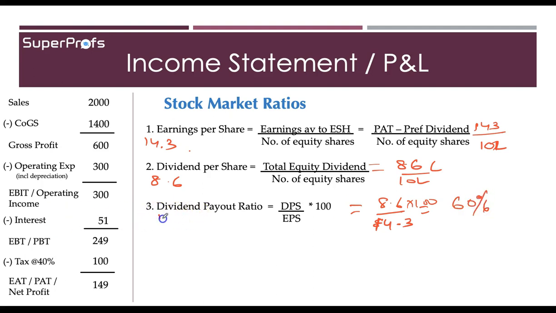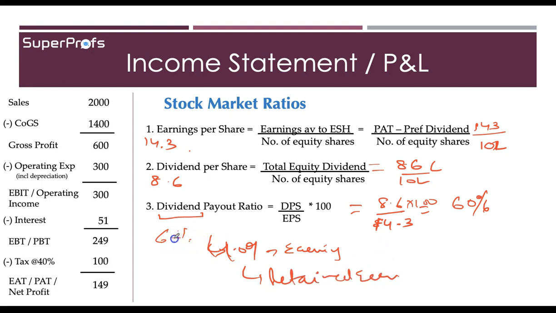And you also know that this is the amount that you are giving to the equity shareholders in the form of equity dividend, which was 60%, because for 40% of the total earnings available to the equity shareholders, we had taken as retained earnings. So therefore it is also 60%.